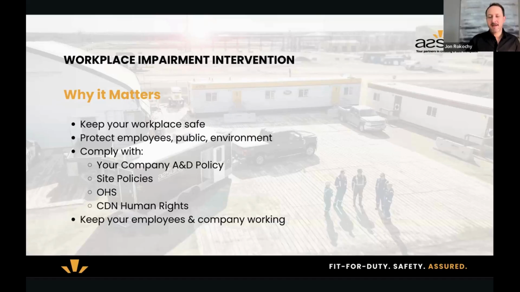So a practical example of that, a very real one that's come to my knowledge quite recently, is a company who's got a contract on another site to perform work for them. And this company chose not to complete drug and alcohol testing for whatever reason.